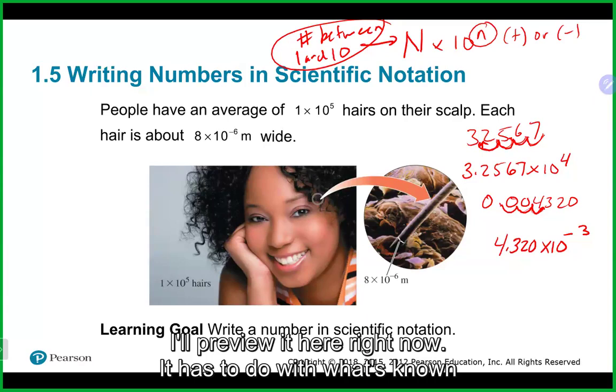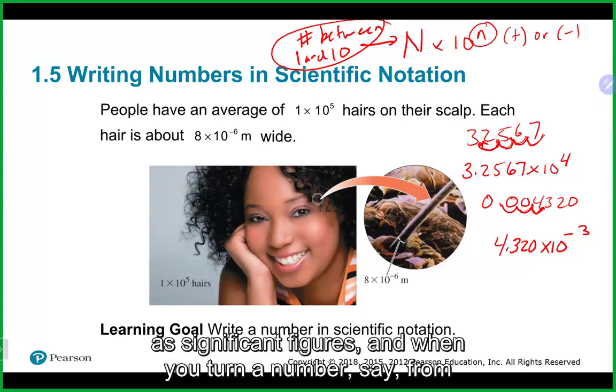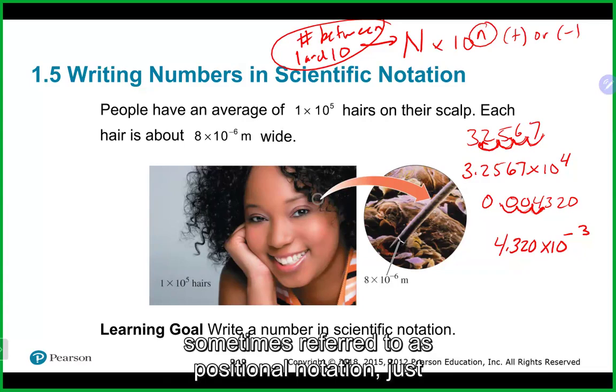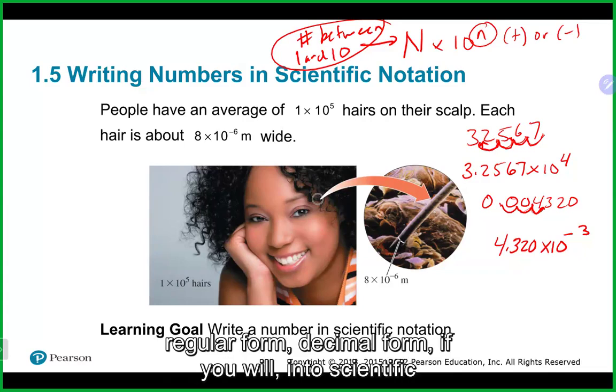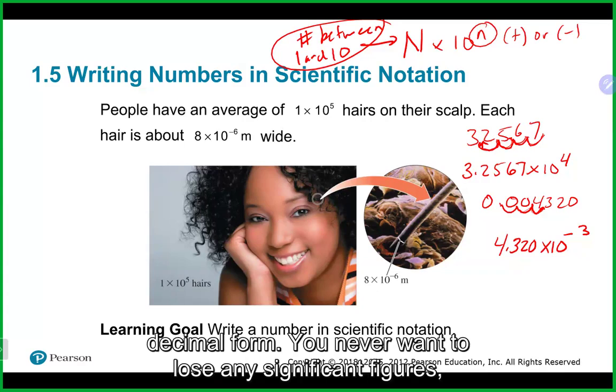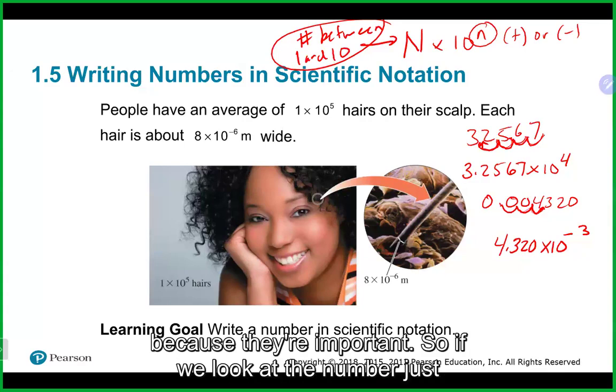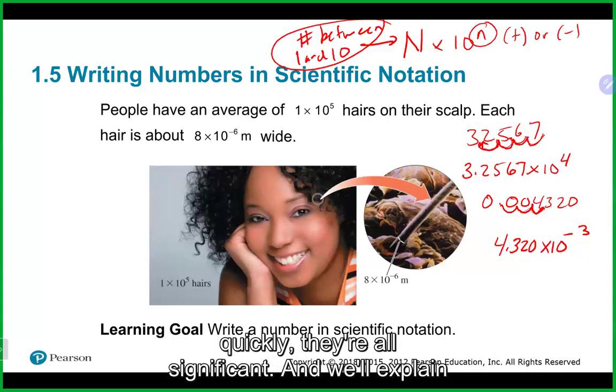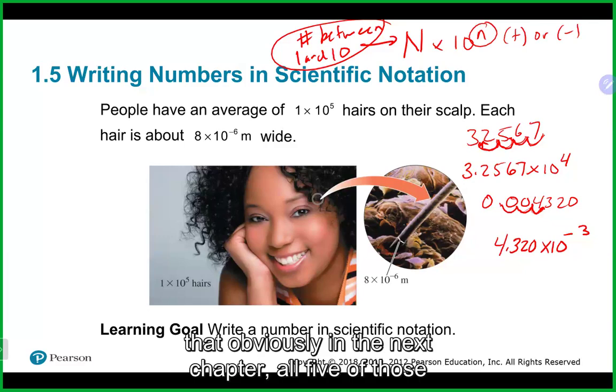It has to do with what's known as significant figures. When you turn a number from positional notation, just regular decimal form, into scientific notation, or go from scientific notation back to decimal form, you never want to lose any significant figures because they're important. So if we look at the number just quickly, they're all significant, and we'll explain that in the next chapter.